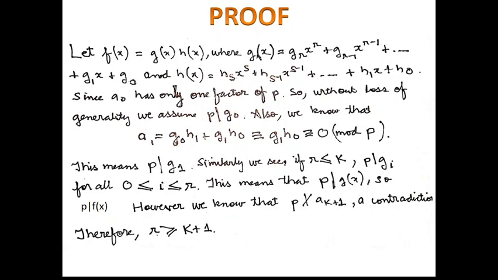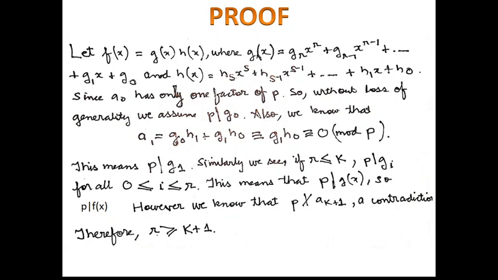Now, since p divides a naught and p squared does not divide a naught, a naught has only one factor of p, so a naught has to be equal to plus or minus p. So without loss of generality, we assume p divides g naught and p does not divide h naught. This is our first assumption.